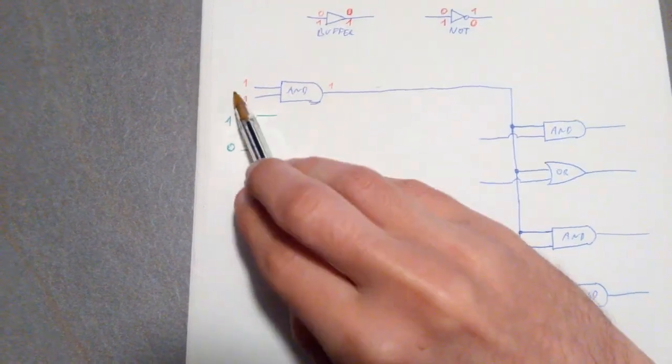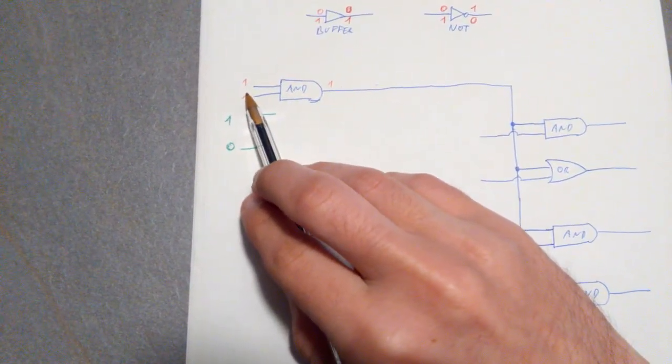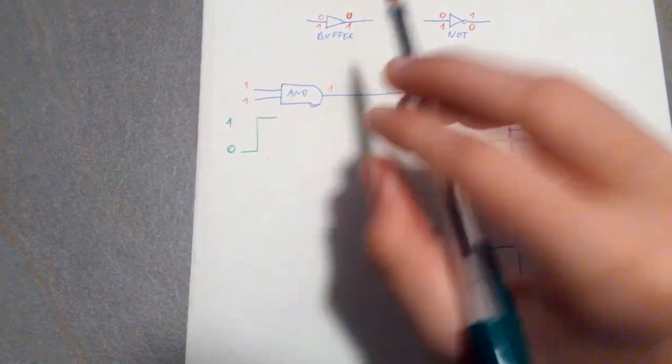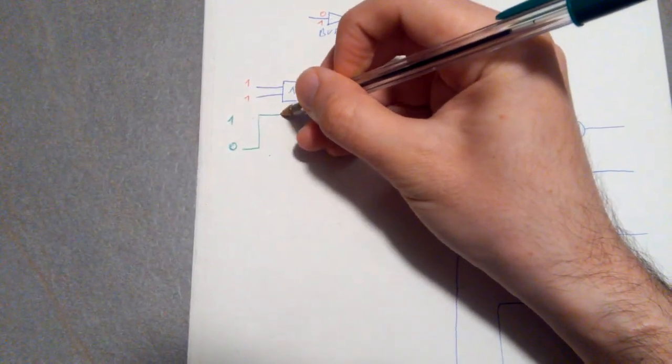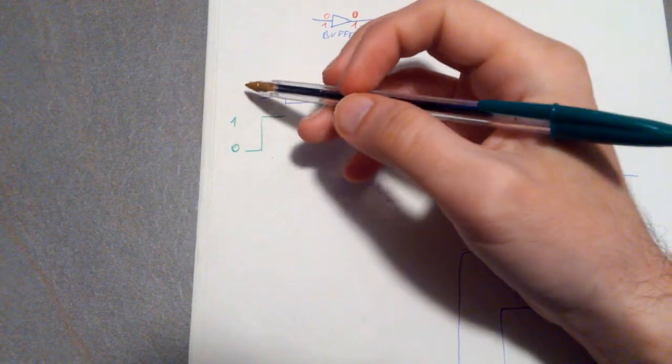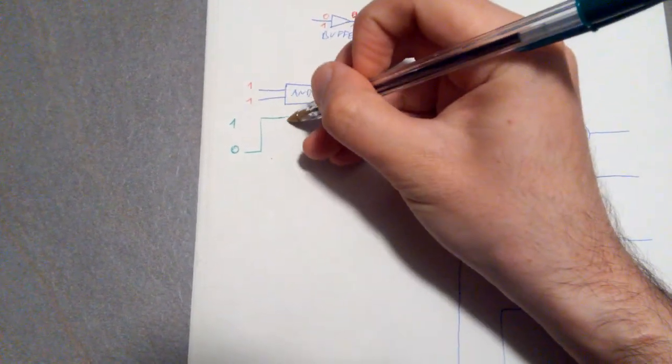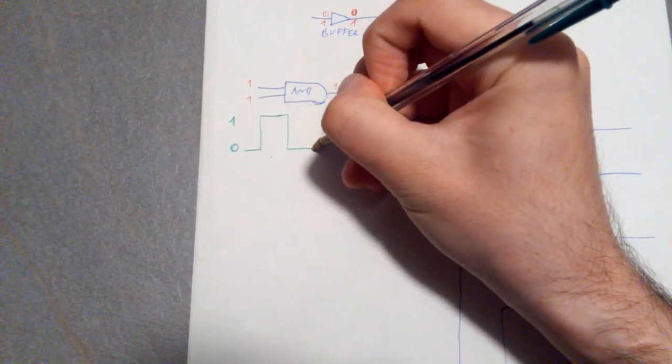So suppose that both were 0, then we switch to 1, 1, and we stay, then we switch to 1, 0, so we go down, and stay at 1, 0.